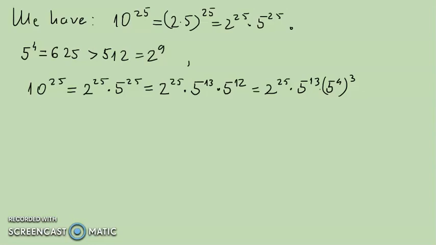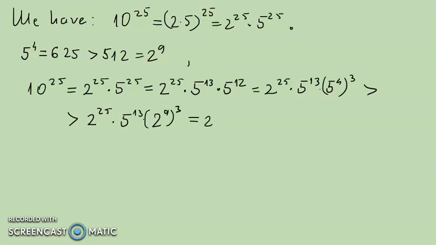And now, because 5^4 is greater than 2^9, this will be greater than 2^25 times 5^13 times (2^9)^3.